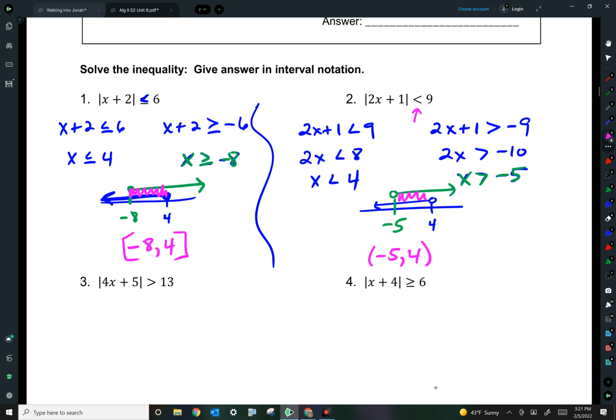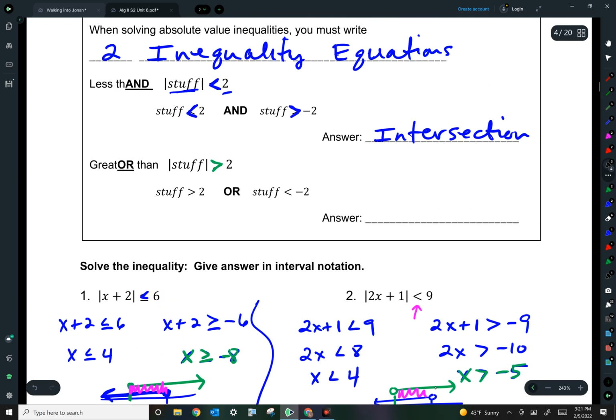Okay, notice number 3 and 4. The original equation is not a less than, right? See, the original equation is a greater than. All right, so how do I handle greater than? Well, that's my second situation. So I'm still going to write my two equations. I'm still going to keep one exactly like the original. In this case, you start with your original being greater than.